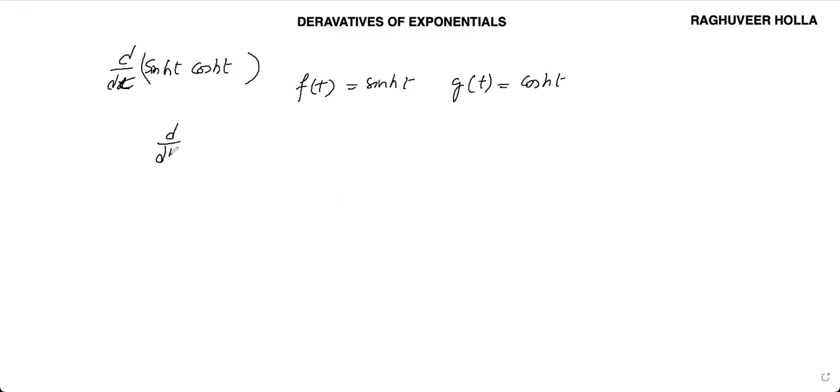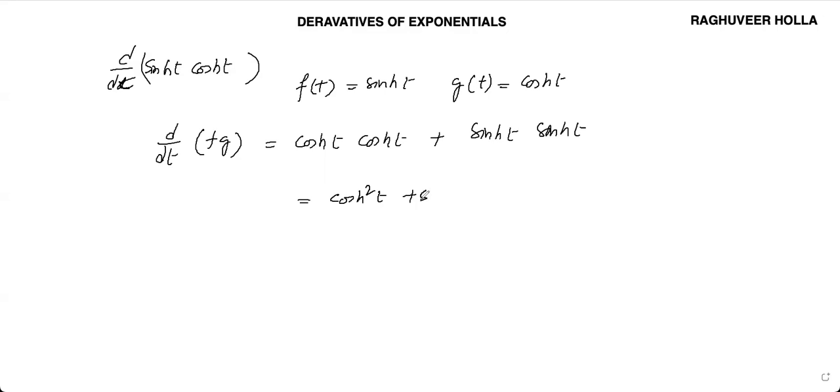So d by dt of f into g is cosh t times the differentiation of sinh t, which is cosh t, and sinh t times the differentiation of cosh t, which is again sinh t. So this results in cosh squared t plus sinh squared t.